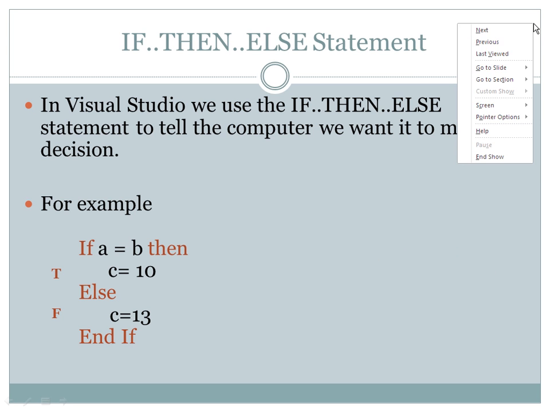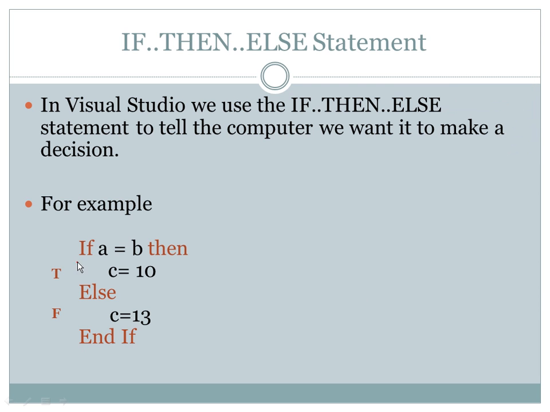So with the if then else, we're going to say, if this condition is true, then we want these statements to execute. Else, if it's false, in any other instance, we want whatever is in here to execute. Then you have your closing end if.